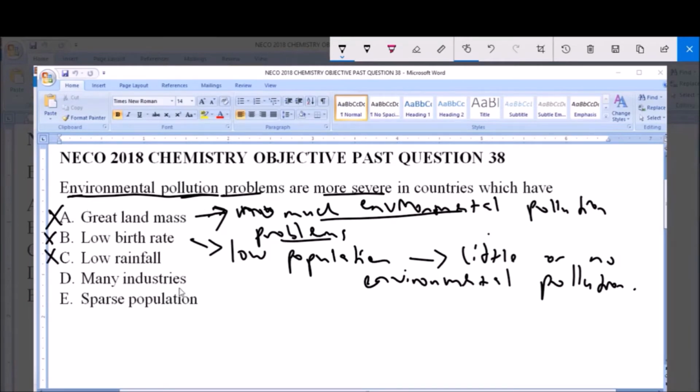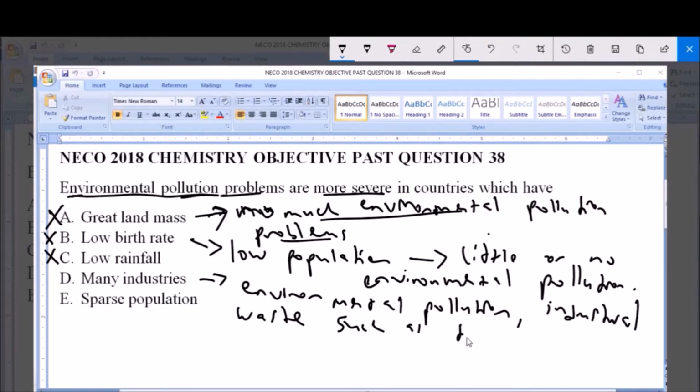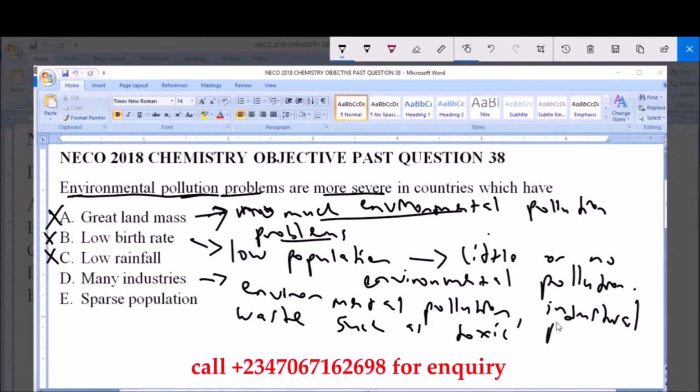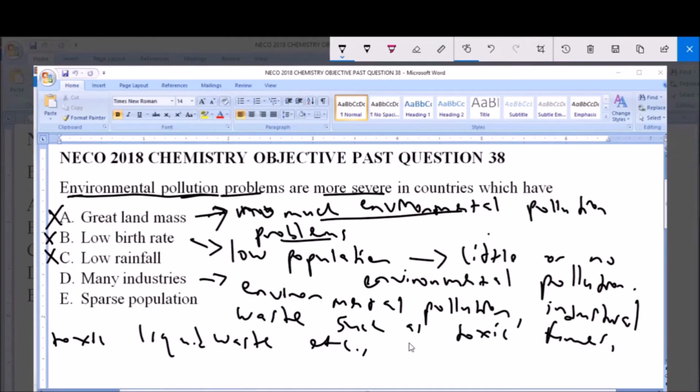Now option D says many industries. Now many industries are linked to or associated with environmental pollution. This is because industrial waste, waste emitted by industry, such as toxic fuels, toxic liquid waste, etc., are known to pollute air, water, and even the soil.